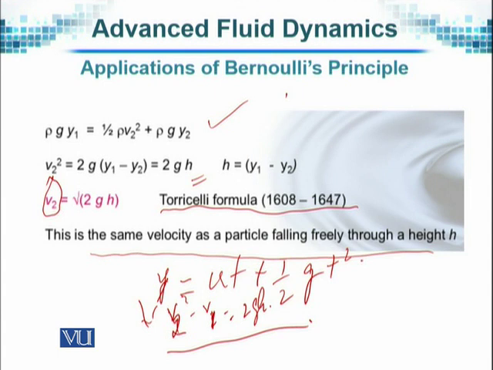Since the initial value is 0, you can see it's the same as this. So this is what we obtain. If we allow fluid to flow out of a container, the velocity at the bottom will be root 2gh.